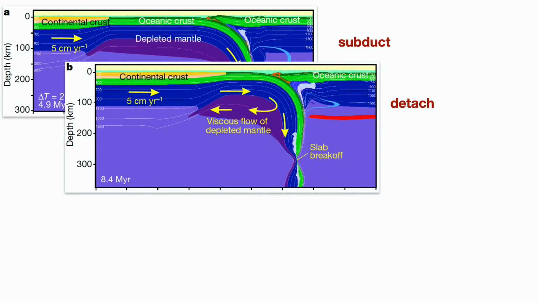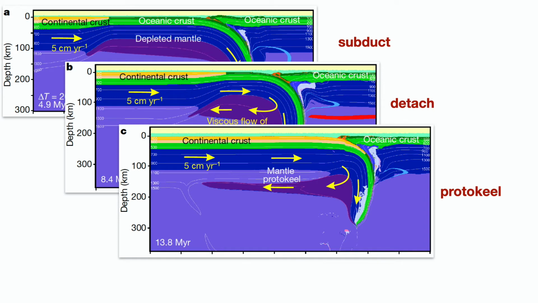After the subduction began, they found that the depleted mantle layer, which is also hot and buoyant, was not able to subduct together with the downgoing plate. Instead, this depleted mantle layer was detached from the oceanic plate and formed a proto-keel structure beneath the continental lithosphere that came after the subducting oceanic plate.